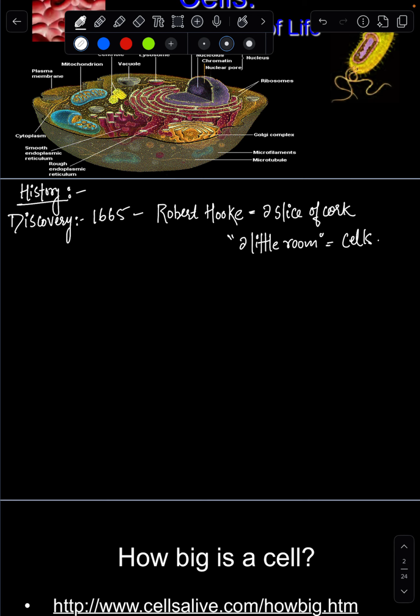Then another scientist named Anton van Leeuwenhoek observed cells under a compound microscope.